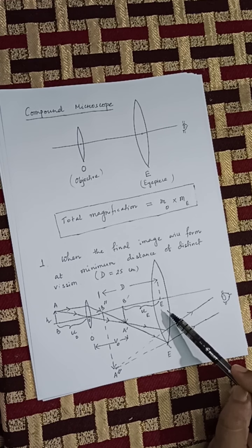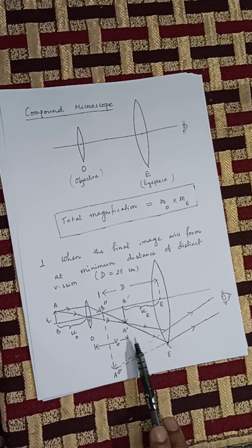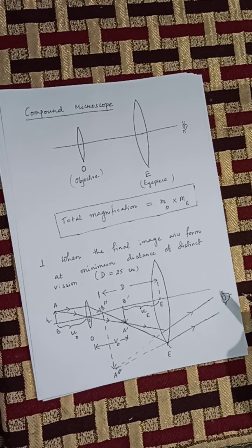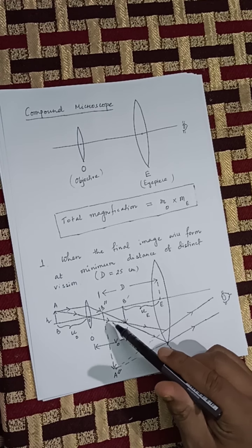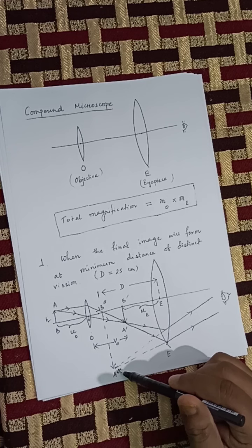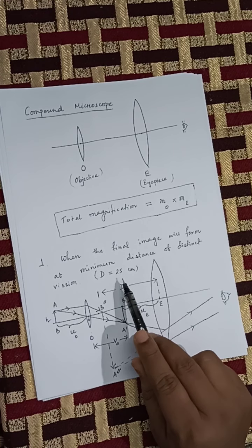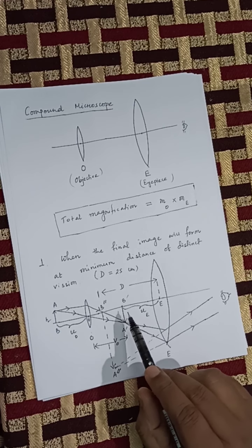lens. Okay, so after again refraction from the eyepiece lens, the final rays will diverge. Because of that we are getting a magnified image, the final image, at a distance of 25 centimeter from the eyepiece lens.